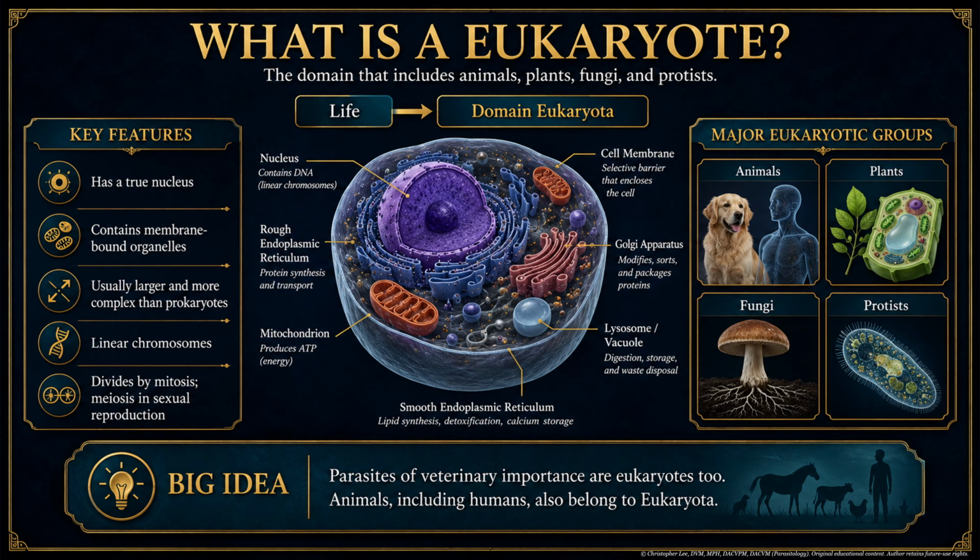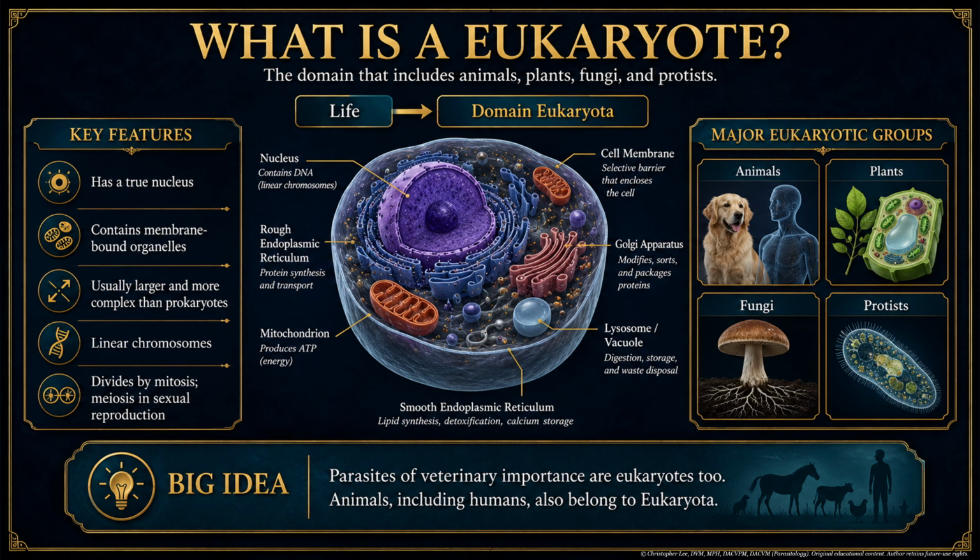So what is a eukaryote? A eukaryote is an organism whose cells have a membrane-bound nucleus and other membrane-bound organelles. Animals are eukaryotes, plants are eukaryotes, fungi are eukaryotes, protists are eukaryotes, and you are a eukaryote.